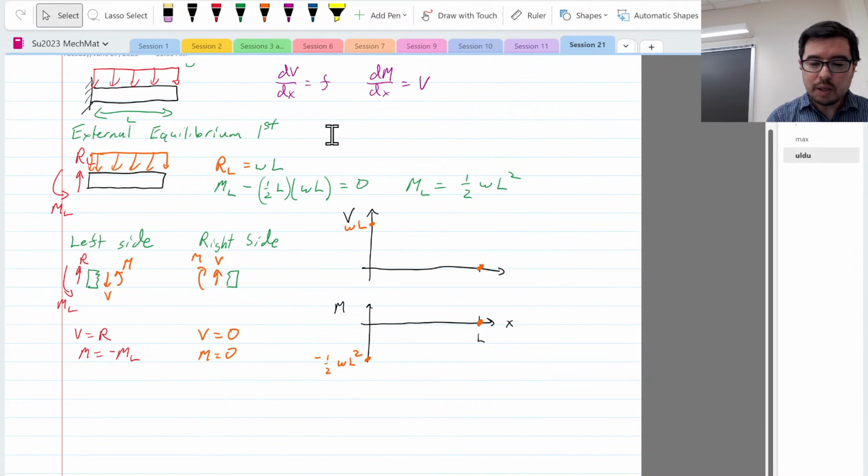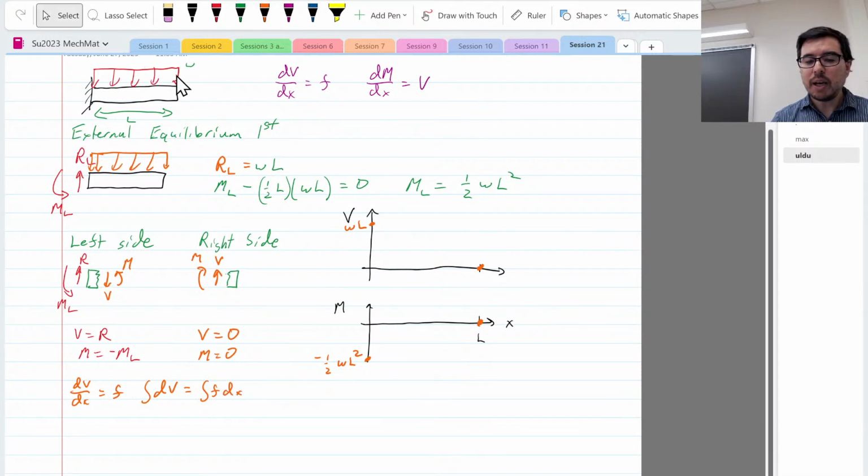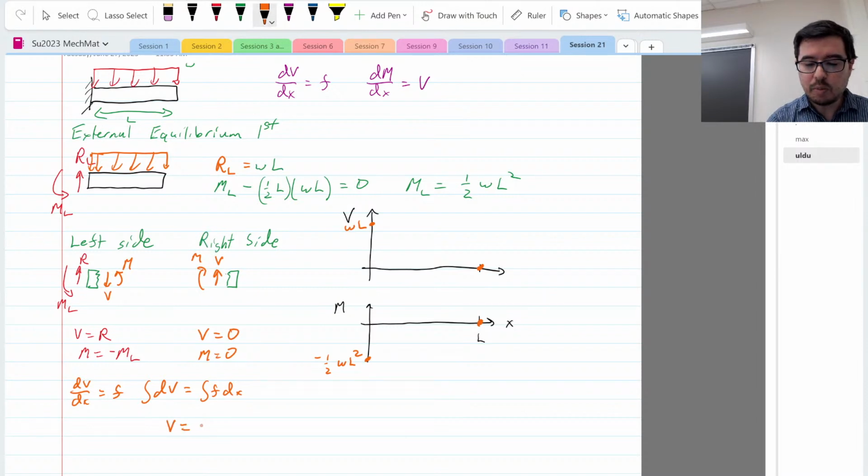So the first one, we have that dV/dx is equal to f. We can say that the integral of dV is equal to the integral of f dx. This is minus w, by the convention. So we get that V is equal to minus wx plus c1.